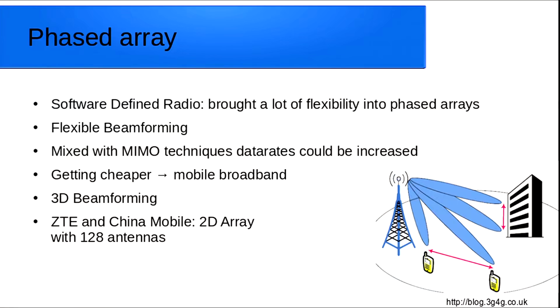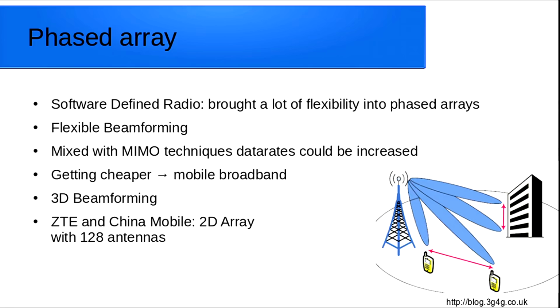An interesting thing is when you mix this with software-defined radio. Some time ago, this technique came up on a large scale. And if you mix this with antenna arrays, you get a lot of flexibility in these phased arrays. You can, for example, manipulate the phase of each signal in software.